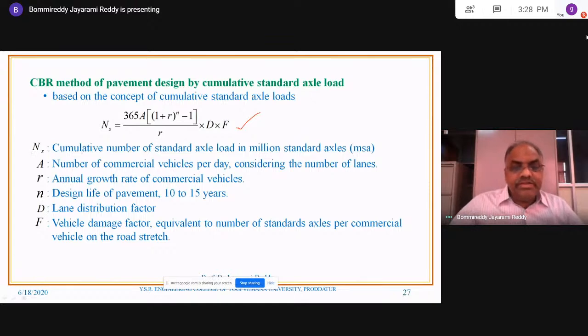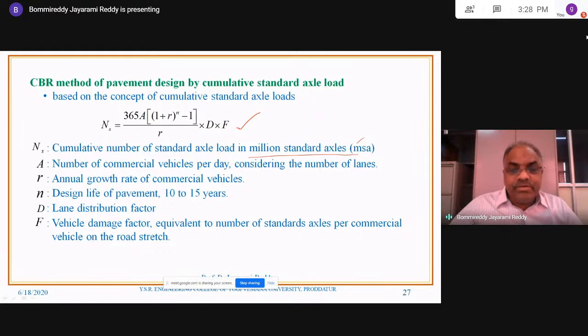NS is the cumulative number of standard axle loads in million standard axles. Normally the number will be large, so we call it million standard axles, MSA. That means NS is represented in terms of 10^6, which is 1 million, and our answer is always in million standard axles.